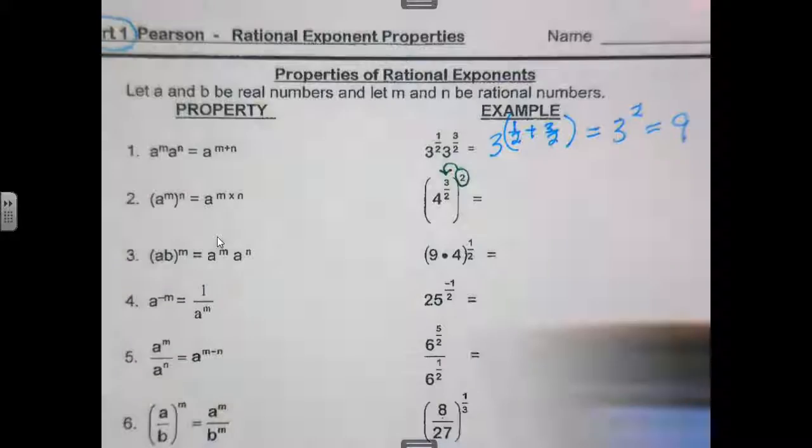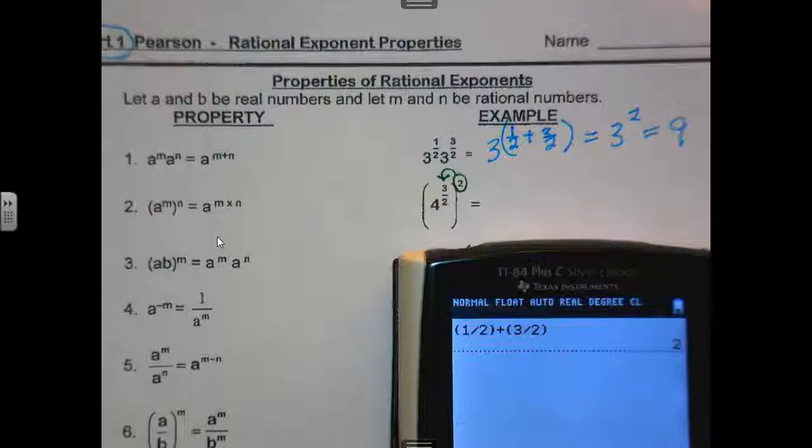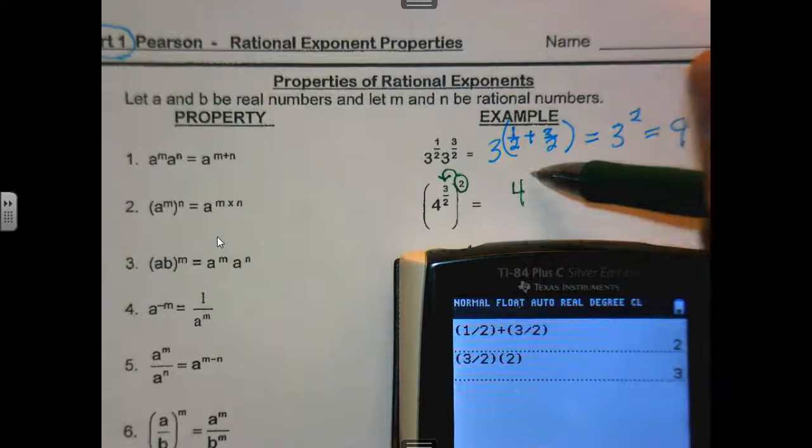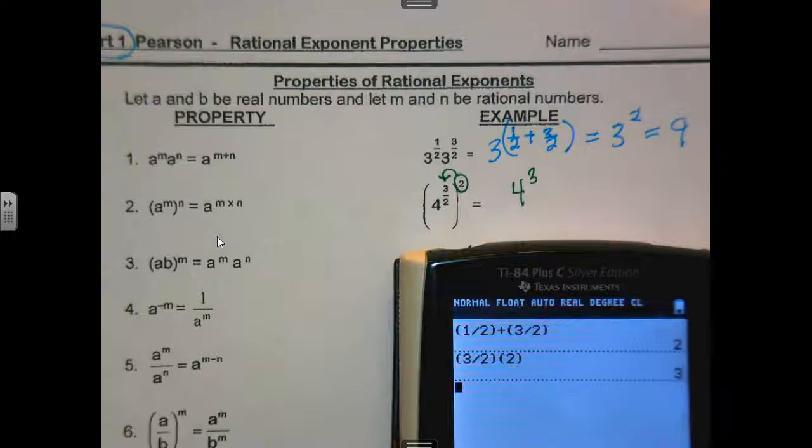What do I get when I do that? 6/2, which is 3. But I'm going to put it in my calculator because I don't want to deal with fractions. 3/2 times 2. Now I get 3. So this is 4 cubed. And you can put 64 if you want. I don't care.